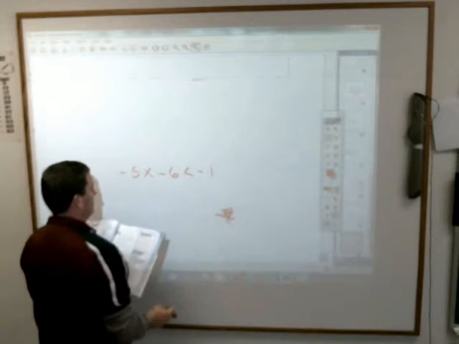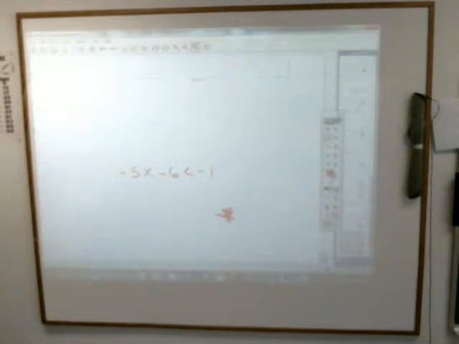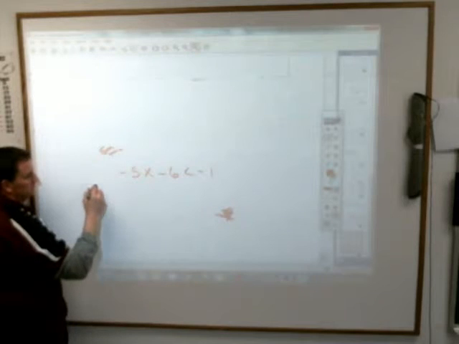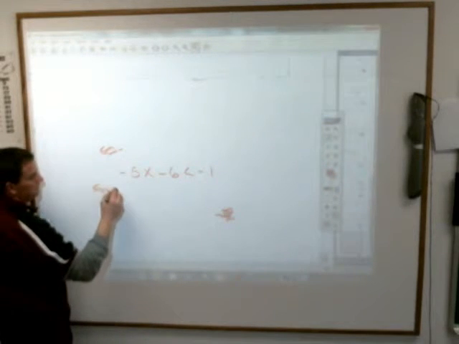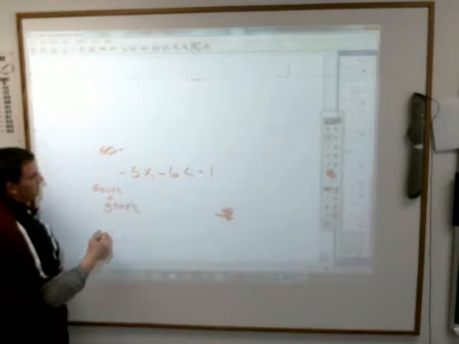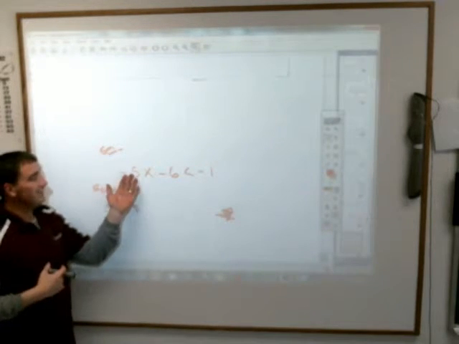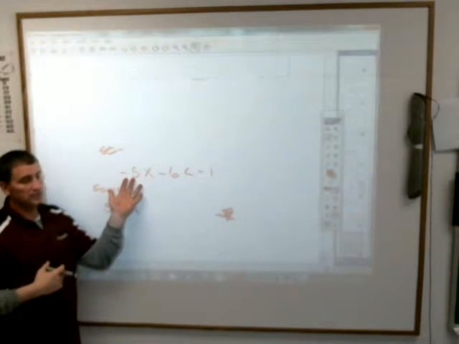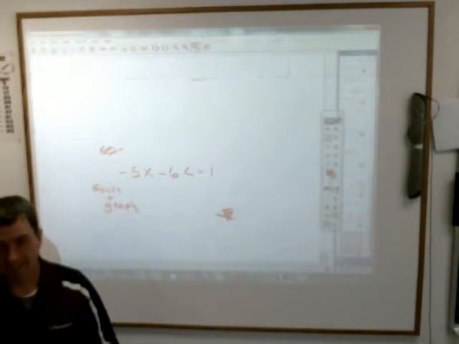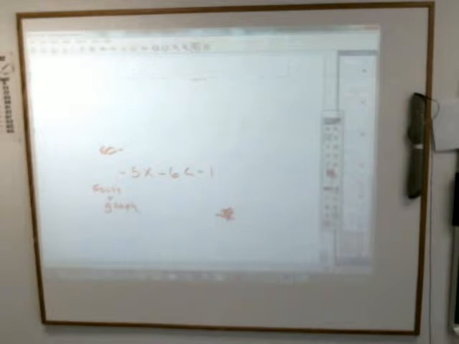Actually, do this one first, and then I'm going to do the really hard one for you. See what you get when you solve this. Solve this and graph. And again, it's only when you change this that the sign changes, not when you change that. Only the x factor. And graph it.